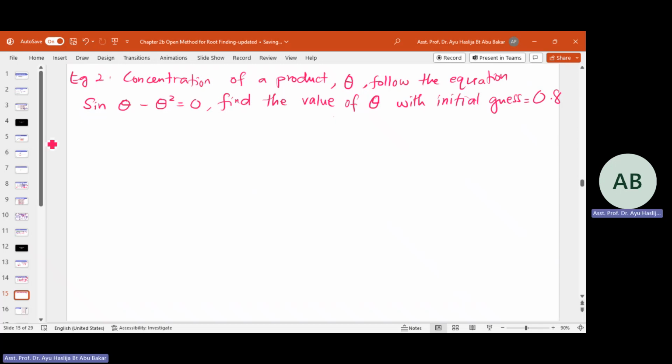Here it has the concentration of a product, theta, sine theta, which follows this equation. It asks you to find the value of theta with an initial guess of 0.8 using the Newton-Raphson method.